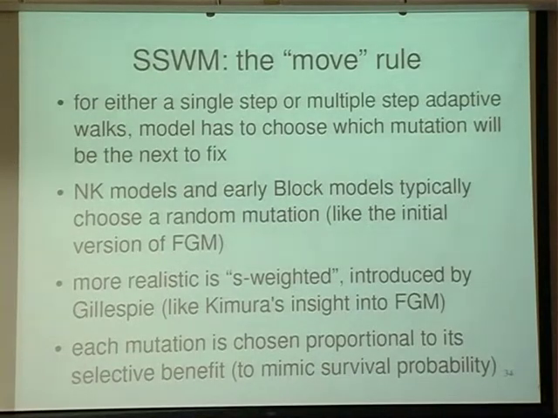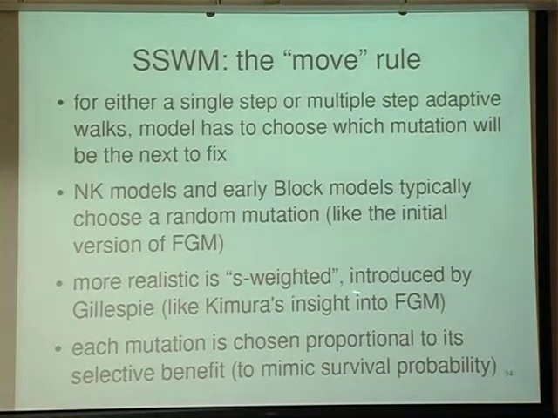And the move rule, we had some questions before about the move rule. How do you decide where the next step is? In your model, you have to say how to choose which mutation will be the next one that sweeps through. The NK models and the block models typically chose some random mutation, kind of like Fisher's geometric model. We just take some random mutation and we move there if it's beneficial.